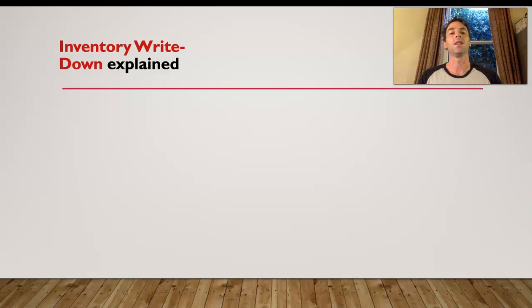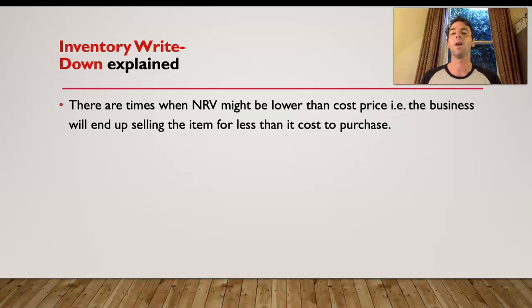But let's think of an example. There are times when the NRV might be lower than the cost price, i.e. the business is selling the item for less than it cost, and all of those ideas like damage, out of season, technologically obsolete, a newer model, any of those reasons.